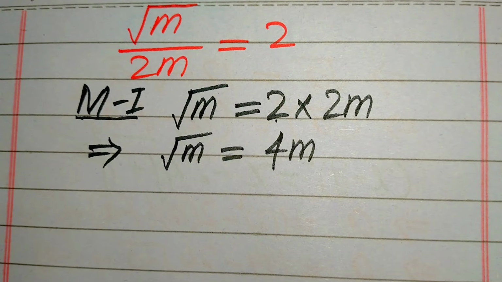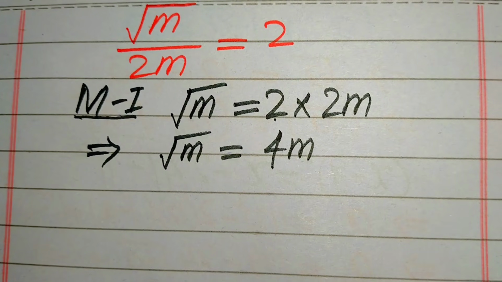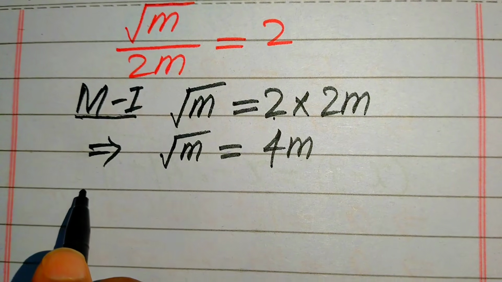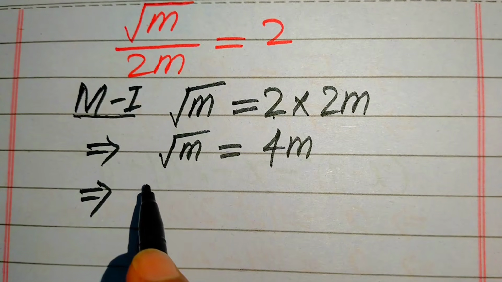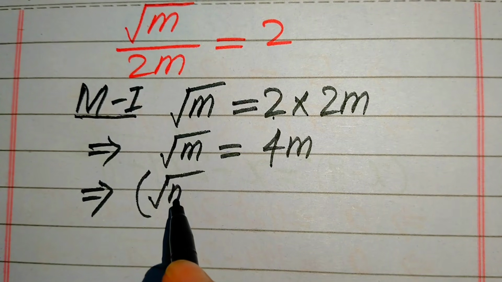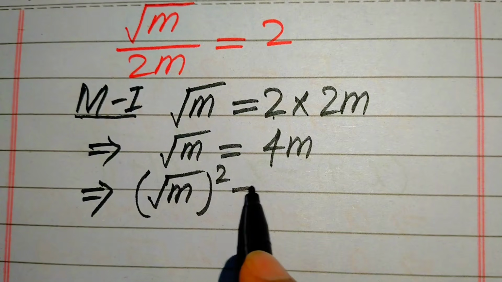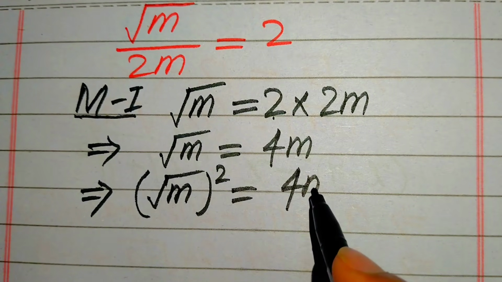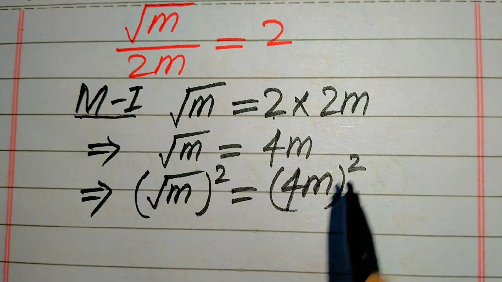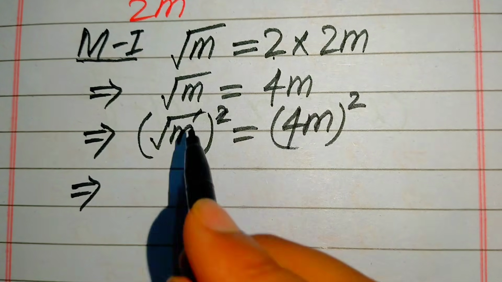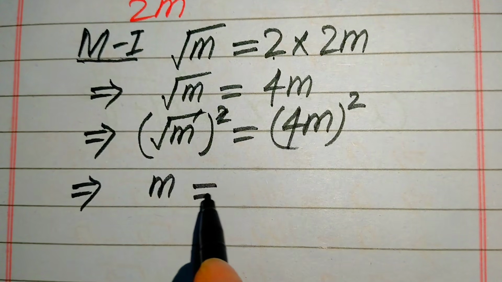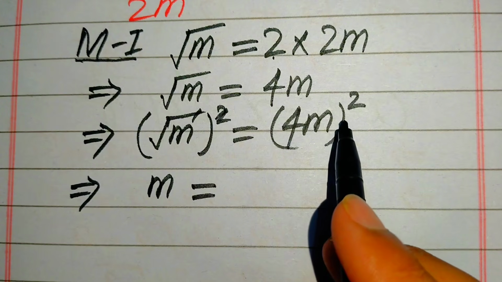Here in this method, we need to find all the roots of m, or all the values of m. For this we remove the square root sign from the left-hand side, and when we remove this sign we apply squaring on both sides. The 2 and the square root are gone, and we get m equals (4m) whole squared.